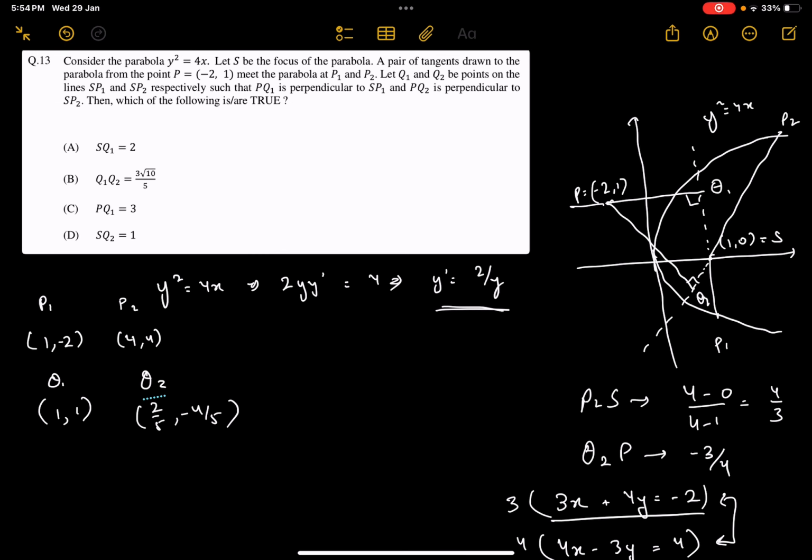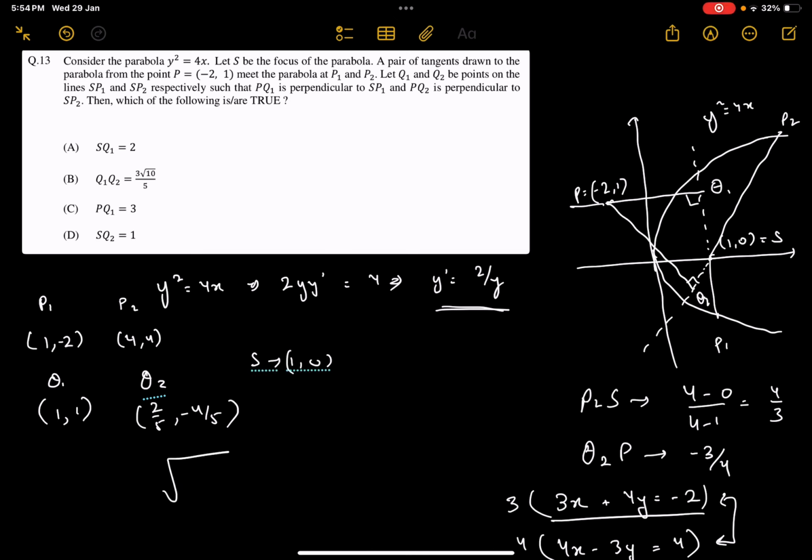Now S is (1, 0). As Q1 is (1, 1), SQ1 is 1, so A option is incorrect.